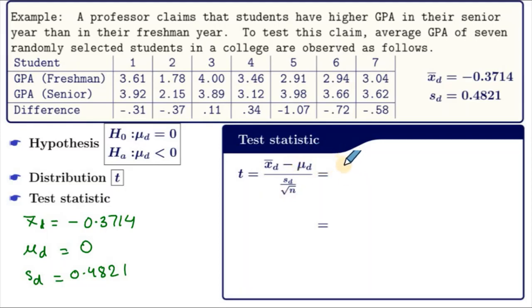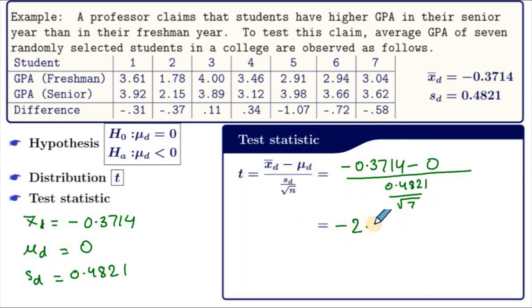So we get negative 0.3714 minus 0 over 0.4821 over square root of n, which is 7. So when you do this math, this whole thing comes out to be negative 2.038. So this is our test statistic.